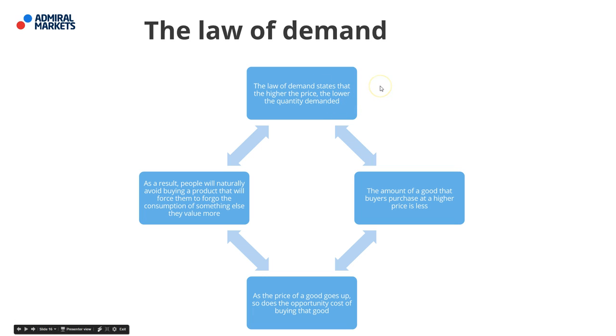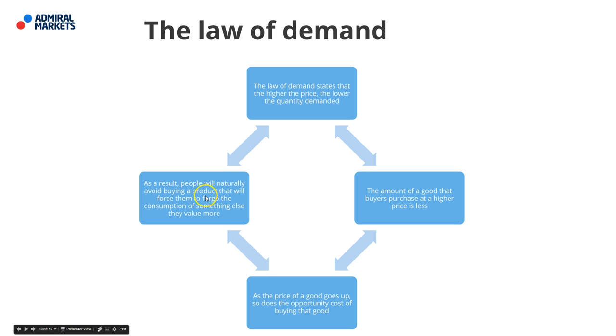Now, supply is the amount available at a particular price, while demand is the amount that is wanted or desired at a specific price. Now, the law of demand states that the higher the price, the lower the quantity demanded. The amount of a good that buyers purchase at a higher price is less. And as the price of a good goes up, so does the opportunity cost of buying that good.